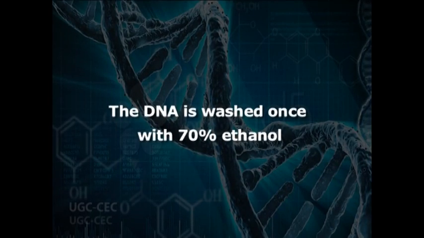The DNA is washed once with 70% ethanol and precipitated with 2 volumes of 100% ethanol and 0.1 volume of 3 molar sodium acetate, which has a pH of 5.2, followed by centrifugation for 15 minutes at 12,000 g. The precipitated DNA may be spooled out or stored in a buffer at -20 degrees Celsius.